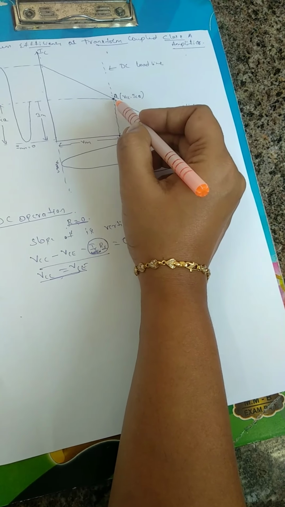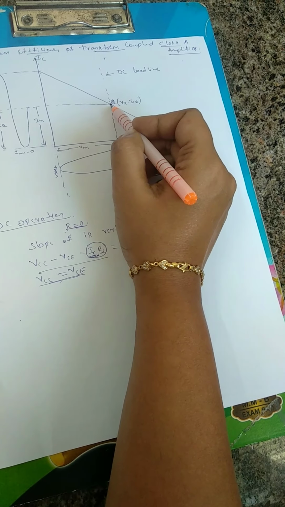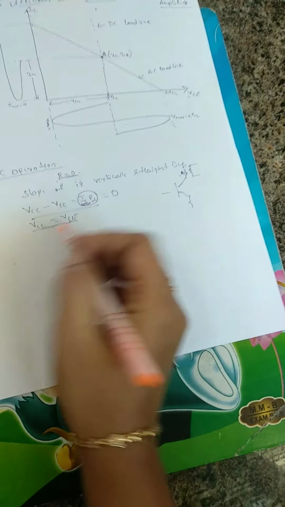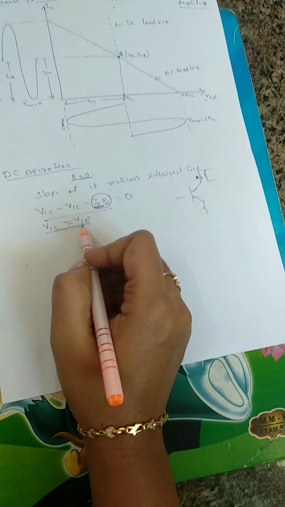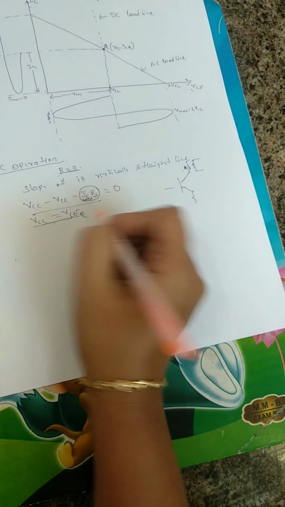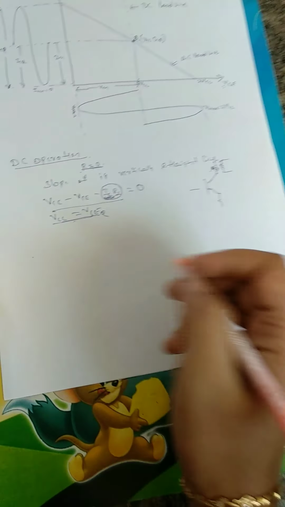So the DC load line is just at VCC equal to VCE, or you can say VCEQ.